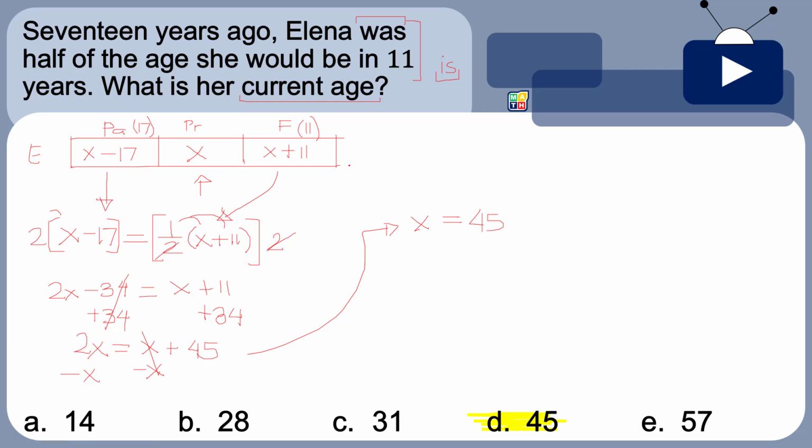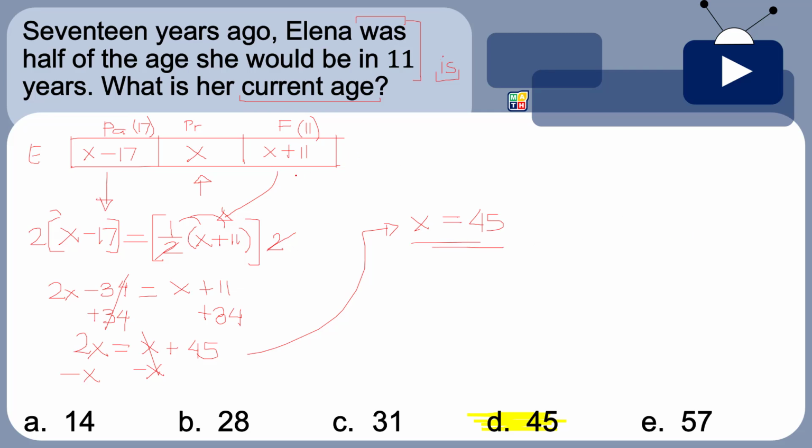What if the question was, how old was Elena 17 years ago? You use that 45 minus 17, and you will get 28. This will be your answer. If you're talking about the age of Elena in 11 years, you add 11 and get 56. But then again, the question is, what is her current age? X, represented by our table here. This is our final answer.